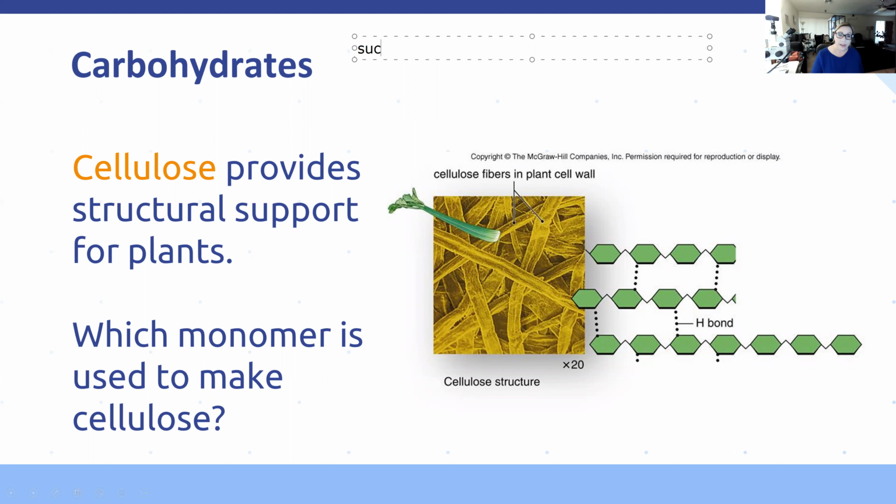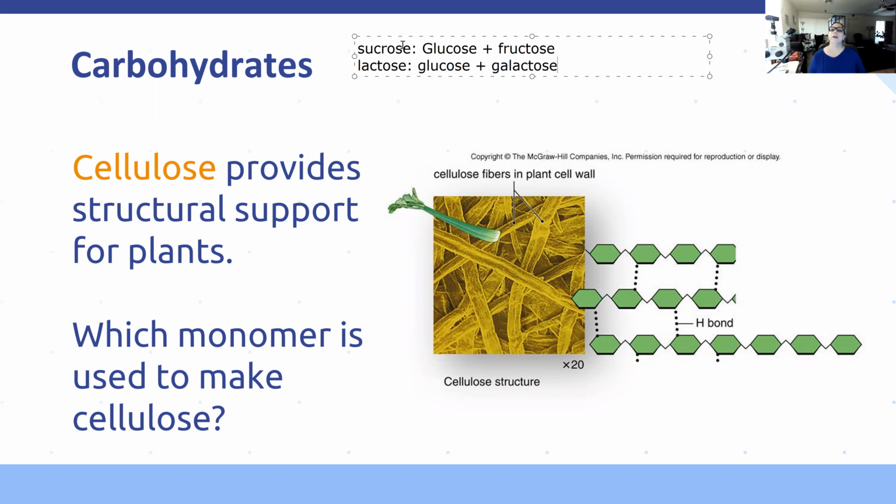So the three disaccharides, we have sucrose, which is glucose plus fructose. We have lactose. Remember, that is the sugar in milk. You have glucose plus galactose. Now, one way to remember this is that galactose has the word lactose in it.